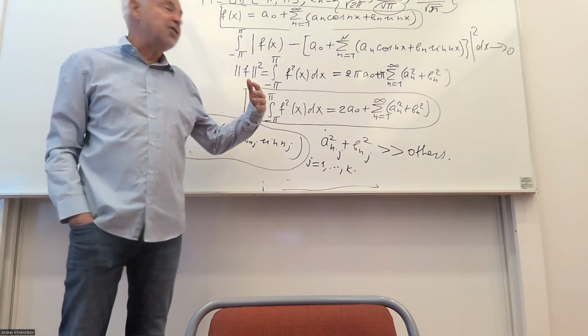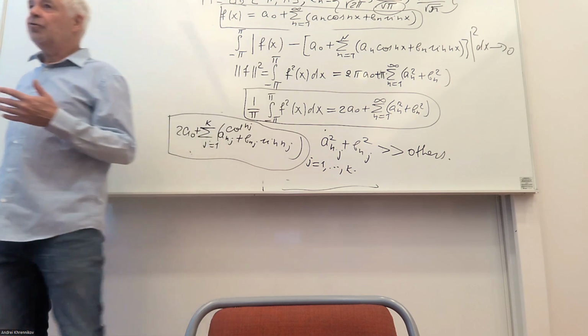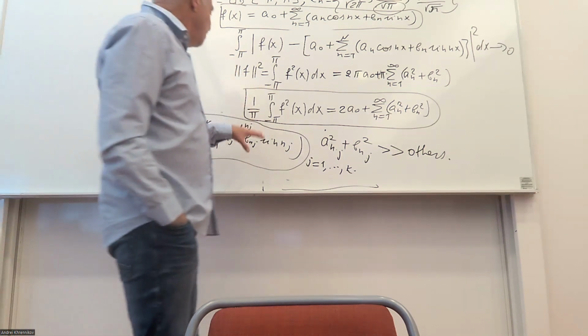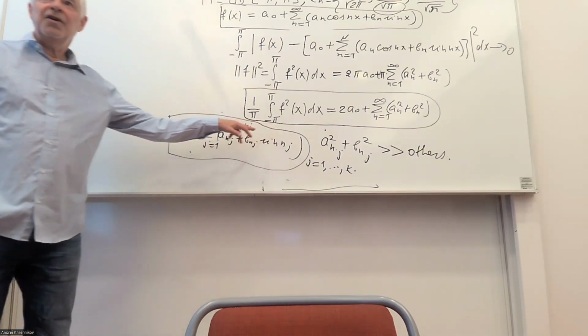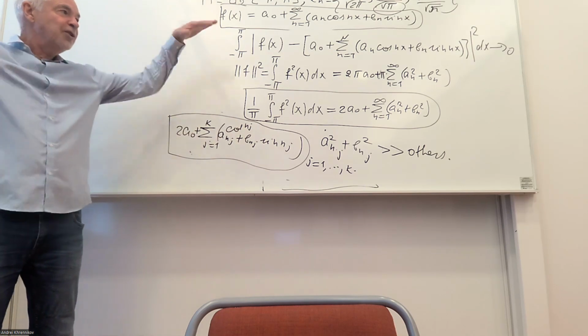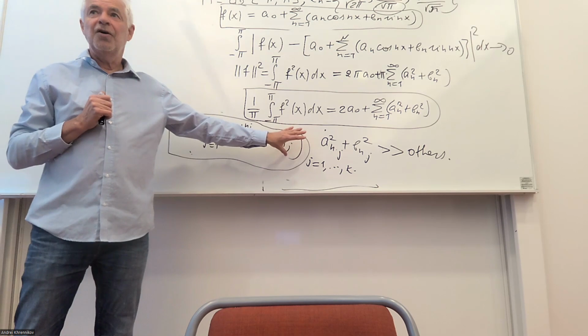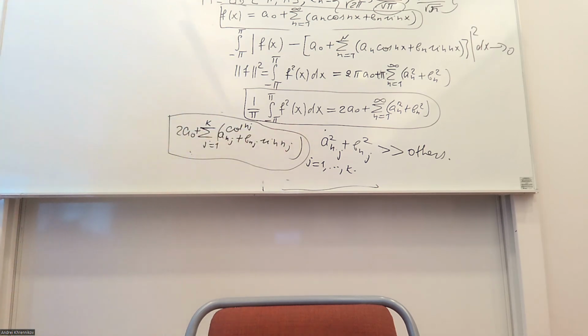For example, you want to send this signal, but you don't want to use a lot of channels and information. Then you just make this approximation and send not the whole signal which contains so many frequencies, but just this block. And typically, if you reconstruct the signal, it will be precisely your signal.